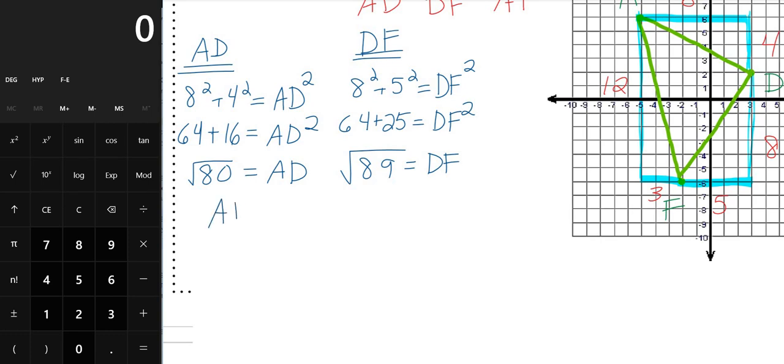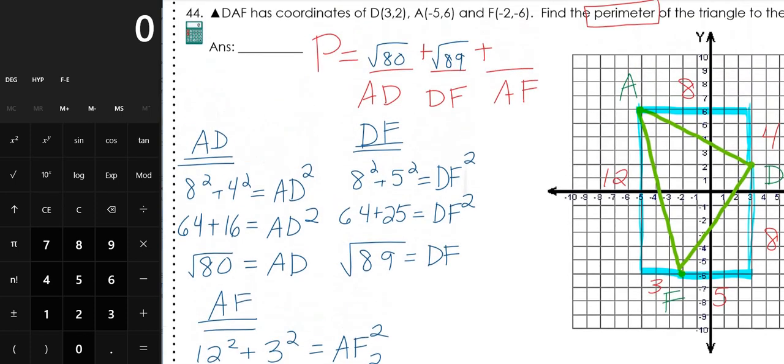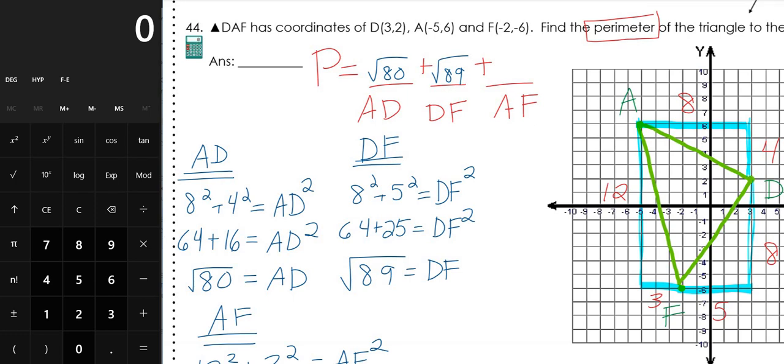So now we have AF. 12 squared plus 3 squared equals AF squared. 144 plus 9 equals AF squared. 144 plus 9 is 153. We square root at the end, and that leaves us with AF. Okay, I'm going to go ahead and put the square root of 153. And now we're ready to add all these together.